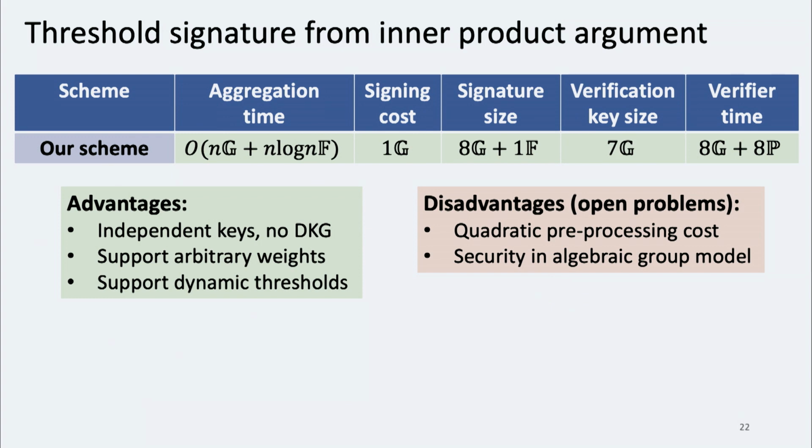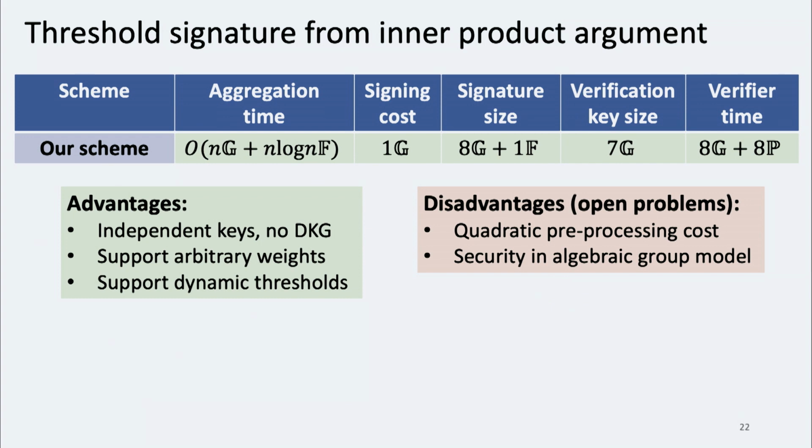One of them is the preprocessing. We need a one-time quadratic preprocessing. Sometimes it's okay, but if we want to frequently change the set of signers, then this would be a bottleneck. And the other one is that we don't have security in the standard model yet. We have to make some relatively strong assumptions called the algebraic group model.